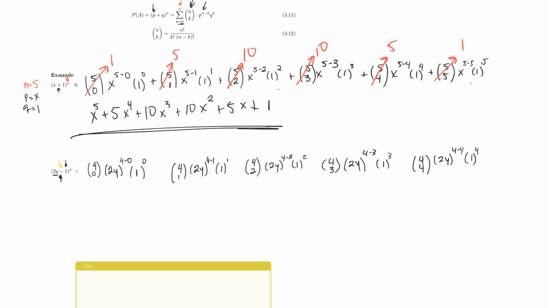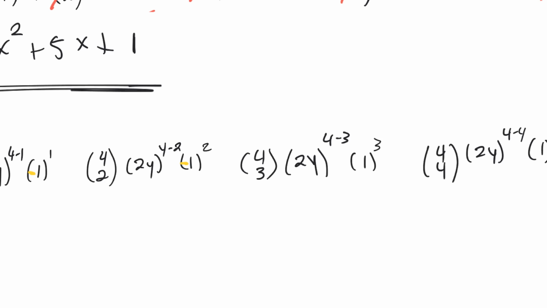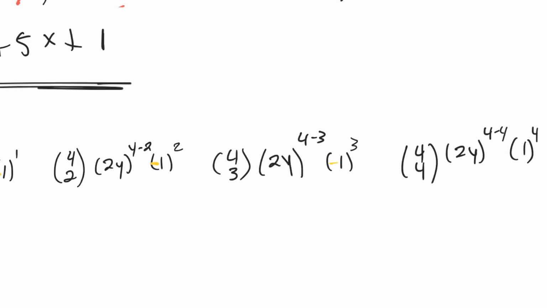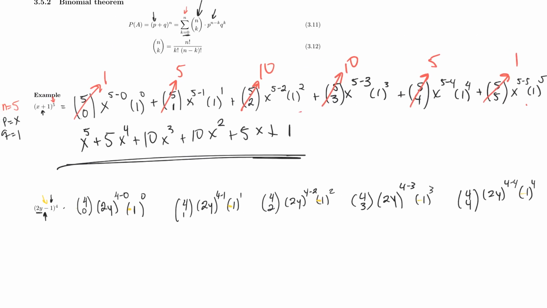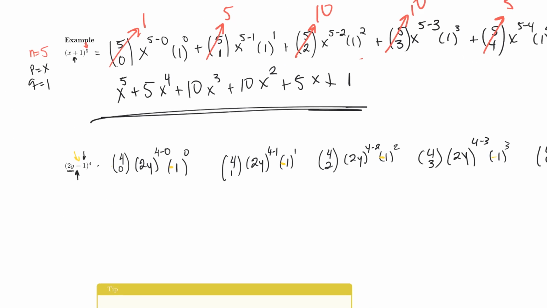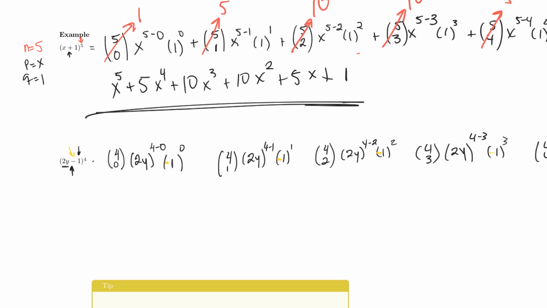For example, the sign is in the minus 1, so it will be minus 1 here, minus 1 here, minus 1 here, minus 1 here, and minus 1 here. And then we just start applying it to the entire expansion.